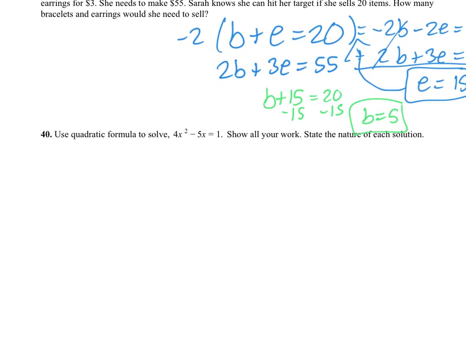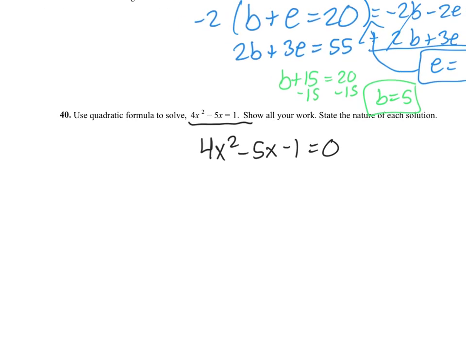Okay. Last but not least, quadratic formula. Don't forget to put this into standard form. So this is really this. Right, and then I just plug it into the quadratic formula. So remember, it's negative b plus or minus the square root of b squared minus 4ac over 2a.